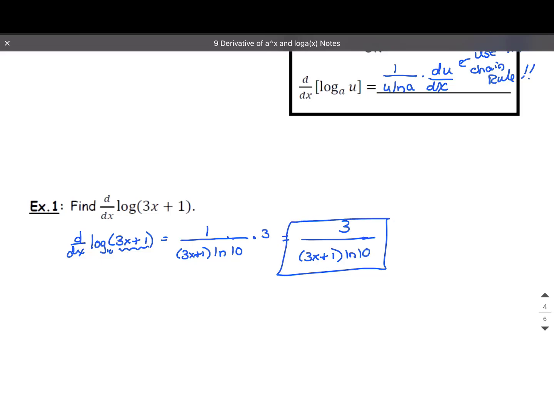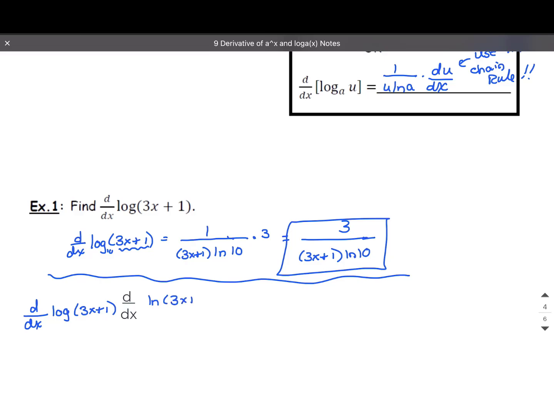Okay. Now the other thing you could have done, if you don't want to memorize that rule, you would say, okay, the derivative with respect to x of the log base 10 of 3x plus 1 is the natural log of 3x plus 1 over the natural log of 10.